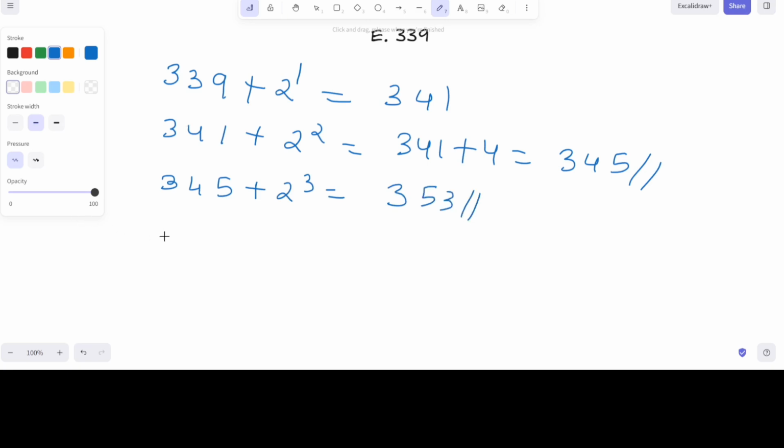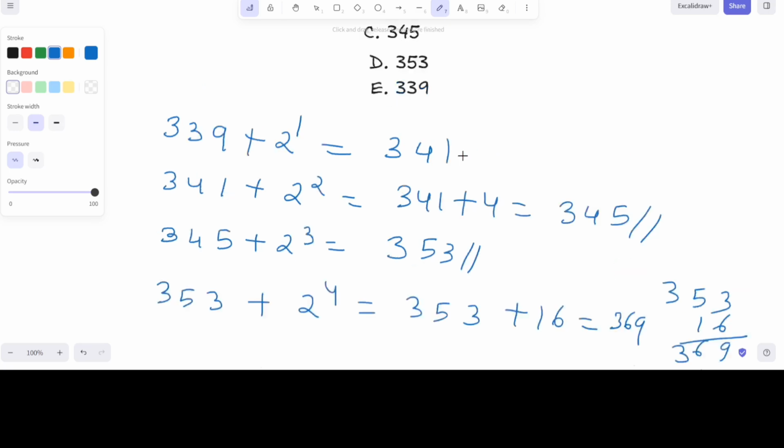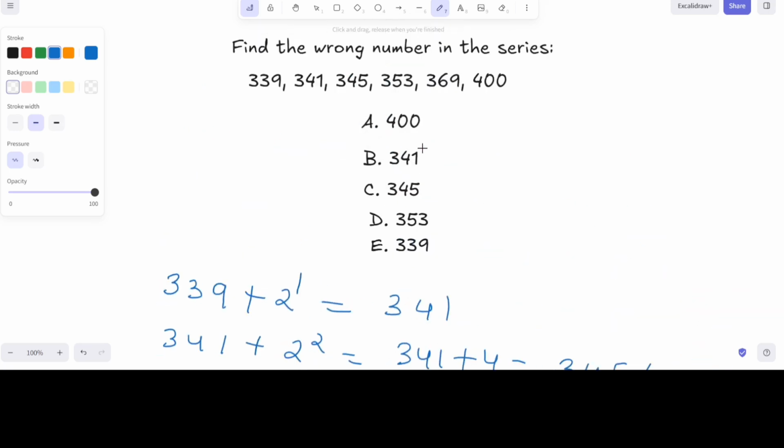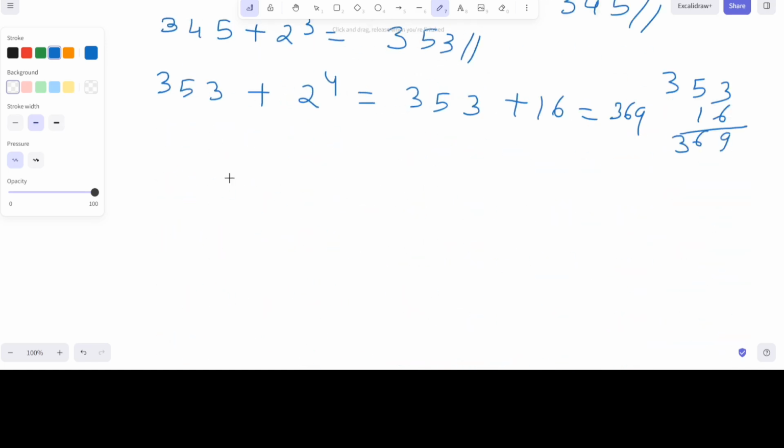Now similarly, the next term should be 353 plus 2 raised to 4, that is 353 plus 16, that is equal to 369. So the next term 369 is also correct. Now the next term should be 400?